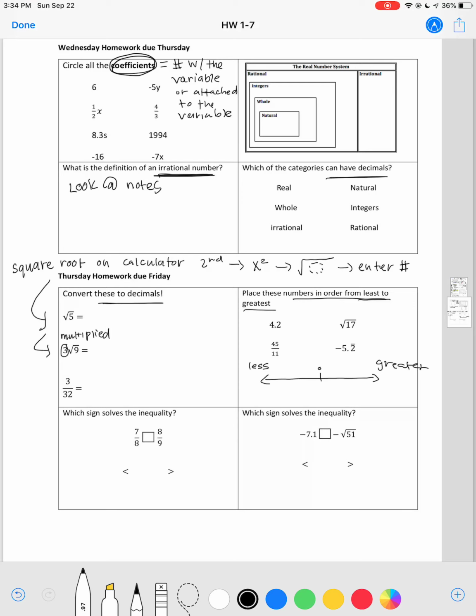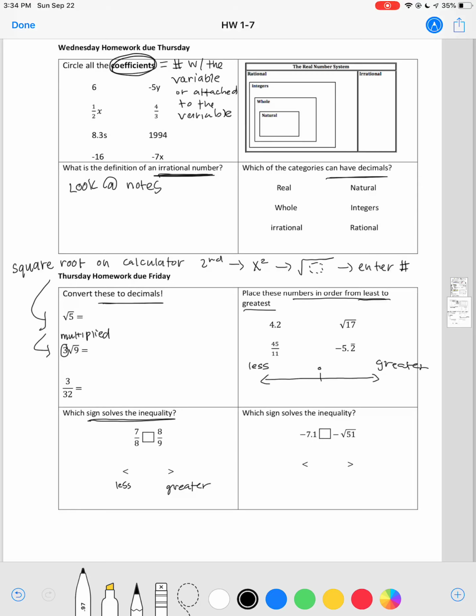And now, which sign solves the inequality? We're given an option of a less than or greater than. So based on these numbers here, we're being asked to turn these into decimals.